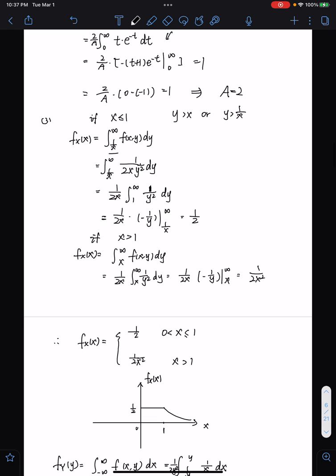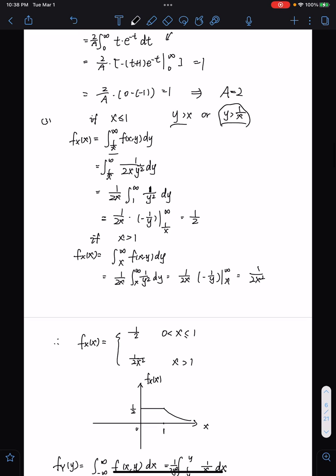But in these conditions, we need to compare these two expressions. The larger one will be the lower bound. So if x is smaller than 1, 1 over x will be larger than 1 and also larger than x. So the lower bound will equal 1 over x.